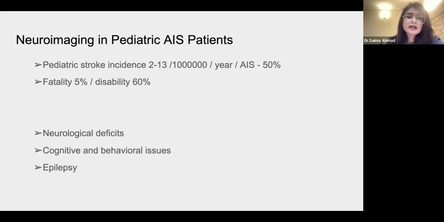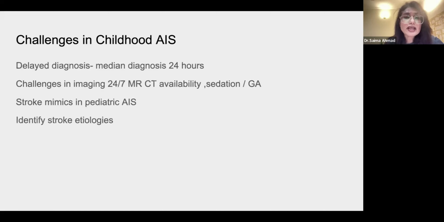In 2/3 of the cases, there is a recurrence within 5 years. So it is very important that we aggressively treat pediatric stroke, as well as aggressively find out the cause. On top of the neurological deficits, we can have cognitive and behavioral issues as well as epilepsy. So what are the challenges in childhood acute ischemic stroke?